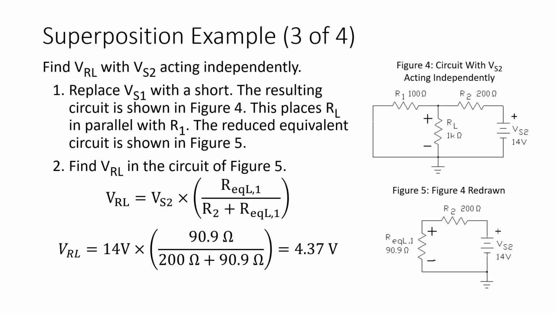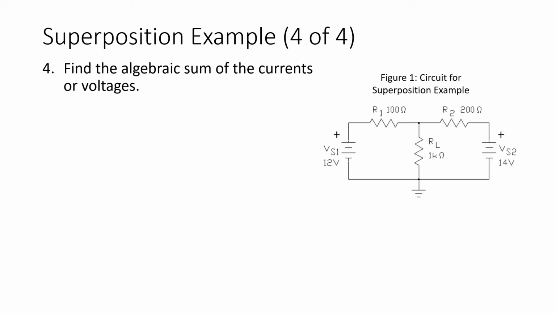So the last step is to find the algebraic sum of the currents or voltages that we've determined with VS1 acting independently and VS2 acting independently. Both of these voltages were positive to negative, with VS1 acting alone and with VS2 acting alone.